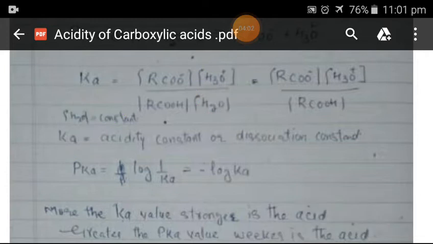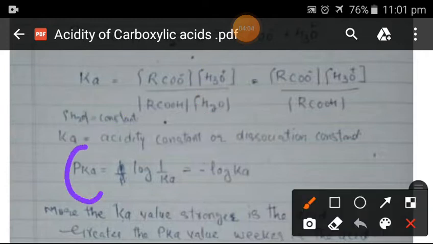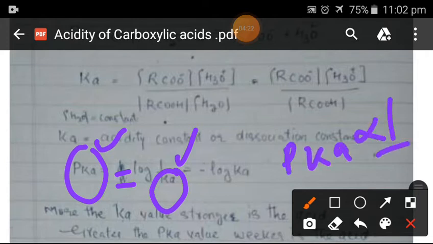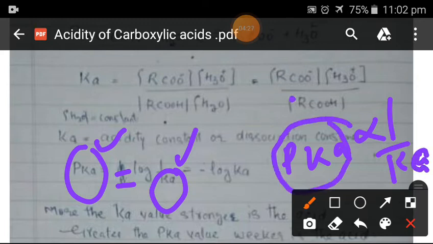Clear? But in terms of the pK value, pK is equal to log of 1 by K, the reciprocal of the dissociation constant. Since it is a reciprocal, pKa is inversely proportional to Ka. That is, the more the pK value, the less the Ka value. If the pK value is less, the Ka value will be greater. Clear?